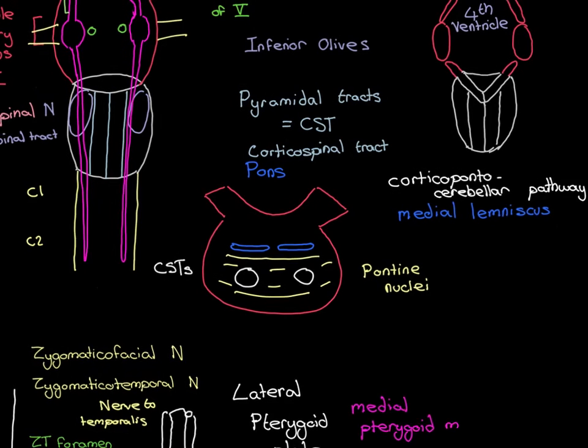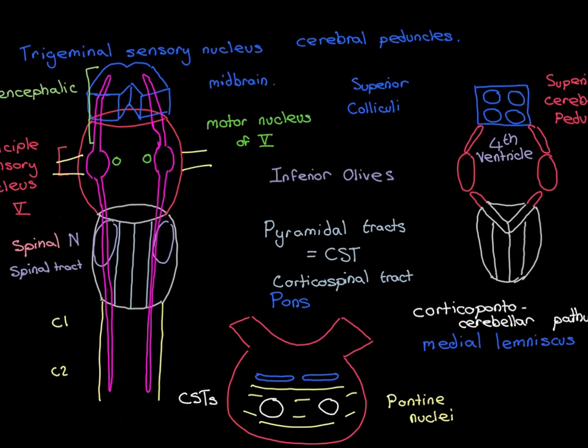So let me paint a picture of this. Let's say we're talking about the right cerebral cortex, so on this side, which will of course be controlling the left side of the body. It will send a fibre through the right cerebral peduncle down into the right side of the front of the pons here. It will then synapse onto another neuron in a pontine nucleus on the right side of the front of the pons, and that neuron will cross over to go into the left middle cerebellar peduncle and into the left side of the cerebellum, which again controls the left side of the body.